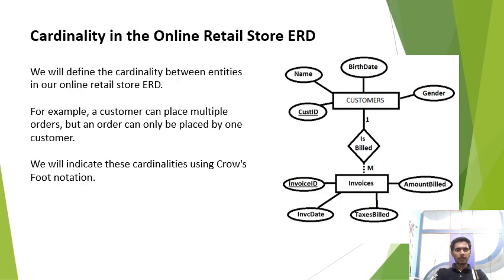Cardinality in the online retail store ERD. We will define the cardinality between entities in our online retail store ERD. For example, a customer can place multiple orders, but an order can only be placed by one customer. We will indicate these cardinalities using crow's foot notation.